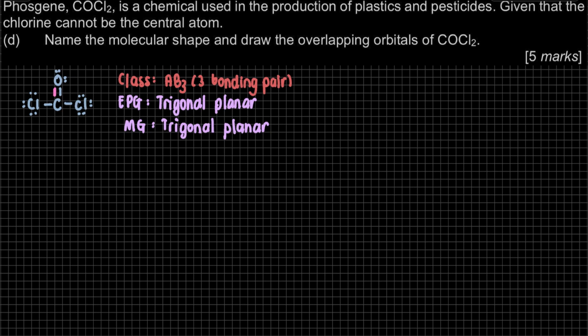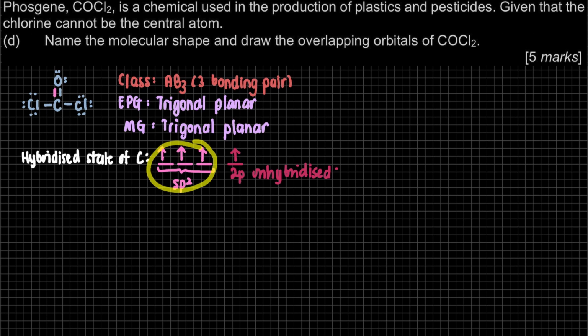The second part of the question is to draw the overlapping orbitals of COCl2. First, to draw the overlapping orbitals, you have to show the hybridized state or the ground state of the atom. Previously, we determined the hybridization for carbon and showed the hybridization step for the carbon itself. Carbon is sp2 hybridized, and then we will have 3 unpaired electrons on the sp2 hybridized orbitals, and 1 unpaired electron for the 2p unhybridized.